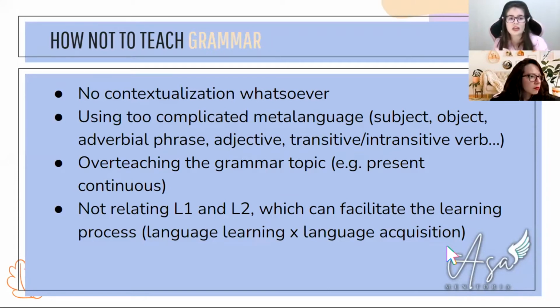But language learning is not the same as language acquisition. When you learn a language, you have already acquired a language. You already have your mother tongue. So it shouldn't be a problem for the student to relate their own language, their mother tongue, with the second language they're learning, right?